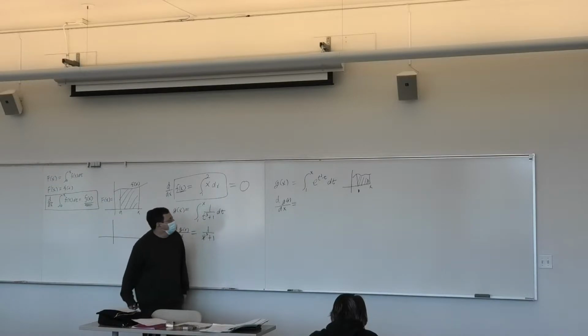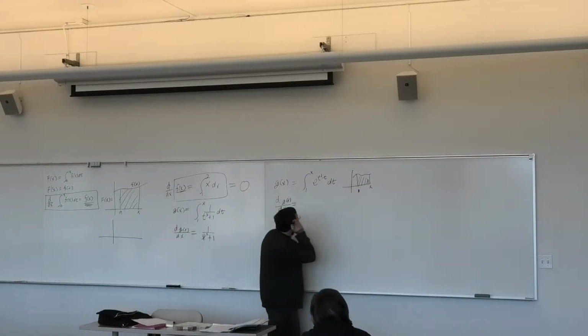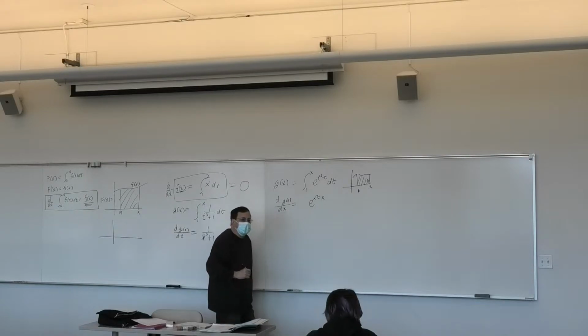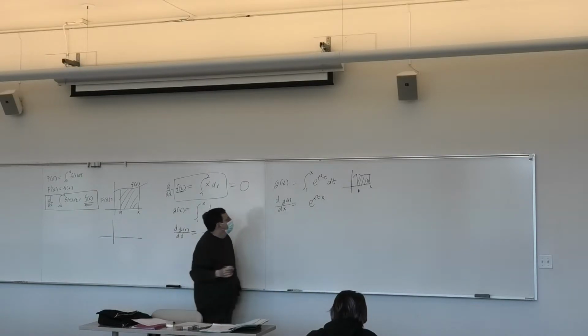Use the t squared. Same as last time. We used the t squared minus t. That what you mean? Yeah. Why is it x though? Why did you use the x?